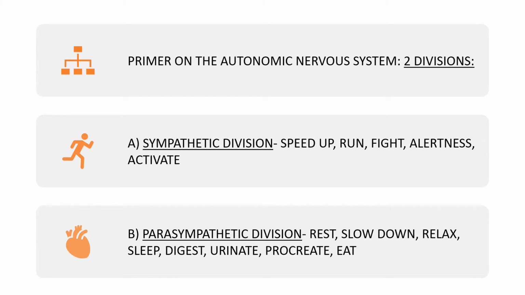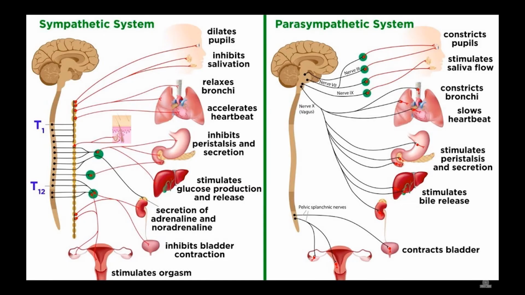It'll start to make more sense, but it's important that you understand that this system exists and what the main functions of each division are. So let's look at the two systems of the autonomic nervous system. And I think it's reasonable to think of them as slightly opposing each other at the beginning.